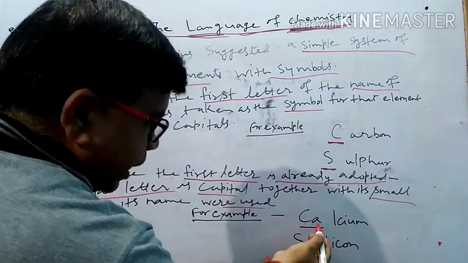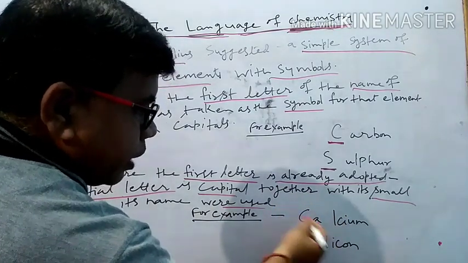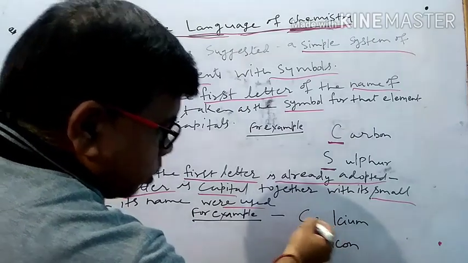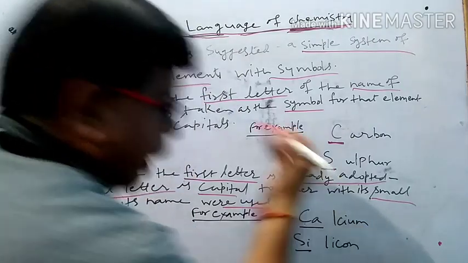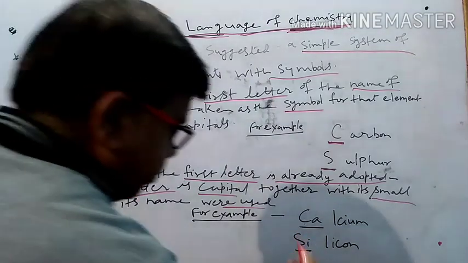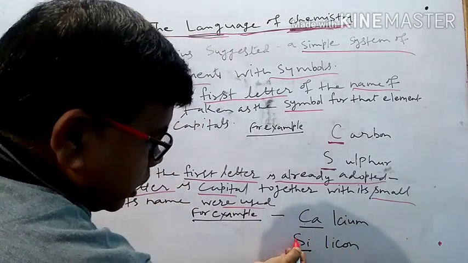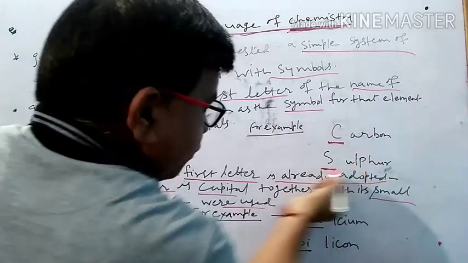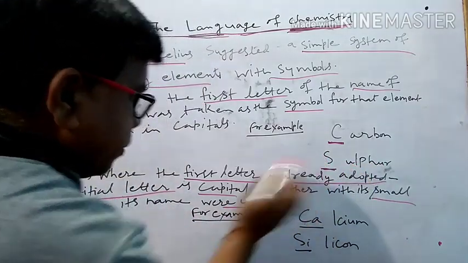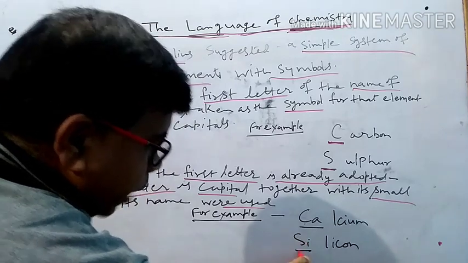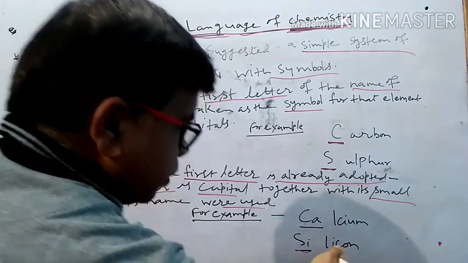Then the second letter, a, is small. So Ca, with C capital and a small, is the symbol of calcium. Then silicon: first letter S is capital, but S is already adopted for sulfur, so the second letter i is small. Si is the symbol of silicon.